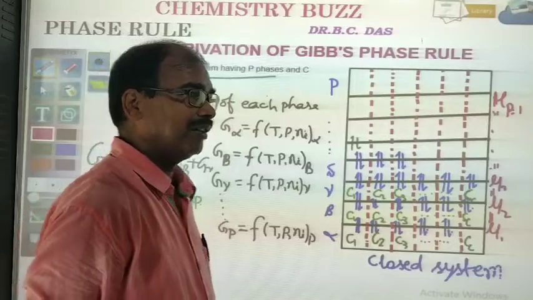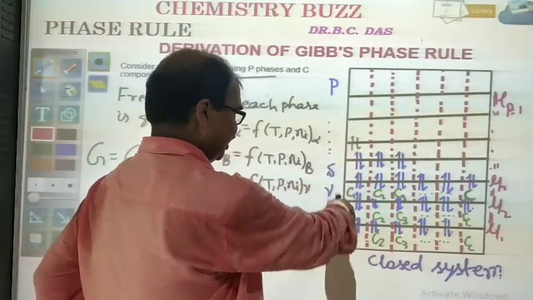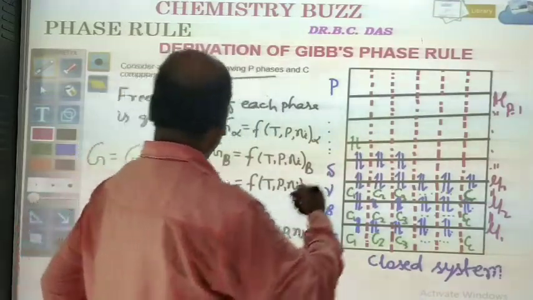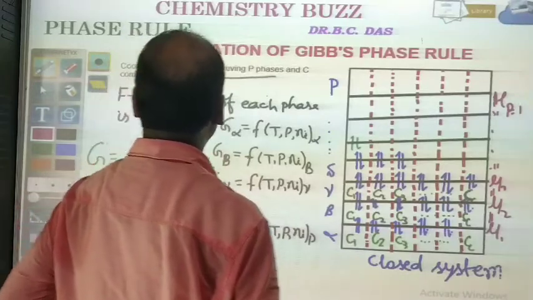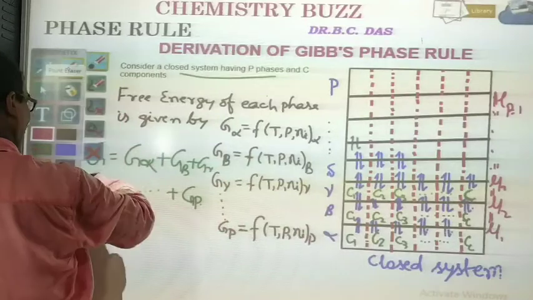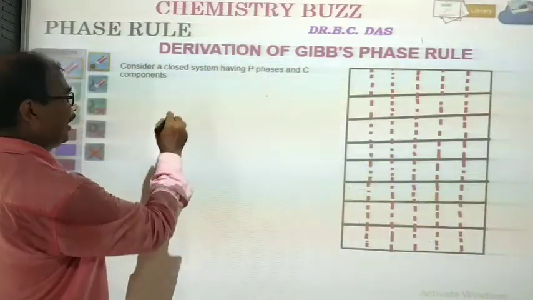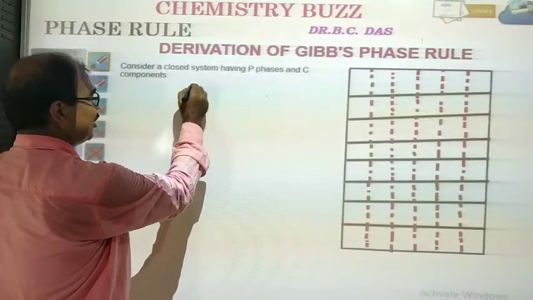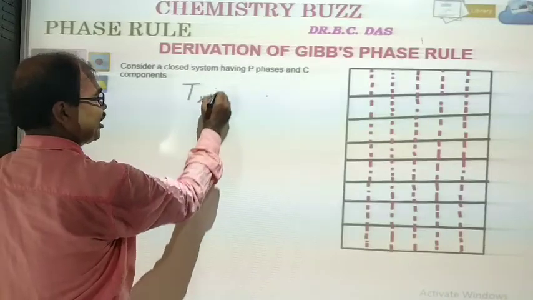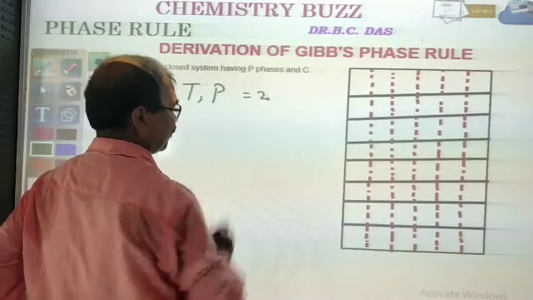The degrees of freedom are the independent variables, and for this system, how many variables are there? Say we have two external variables, temperature and pressure, so their number is 2.